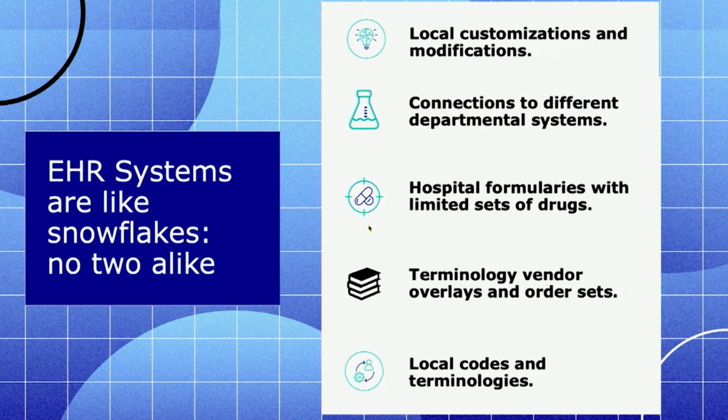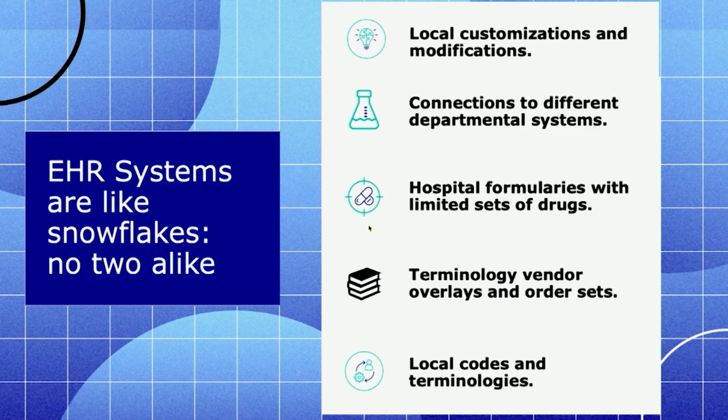Well, EHRs get customized when they get implemented, then customized after they're implemented. The hospital formularies are all different. No hospital has every available medication, and they don't code them in any particular code system.